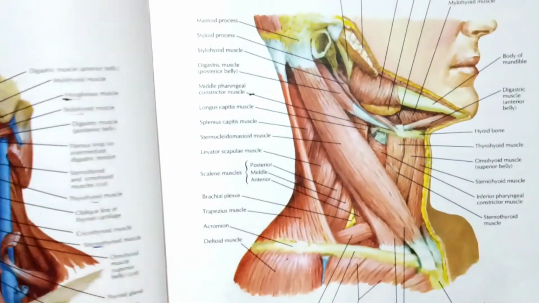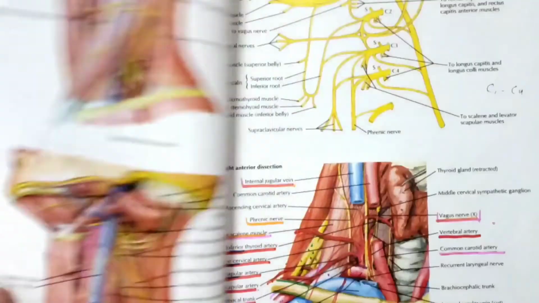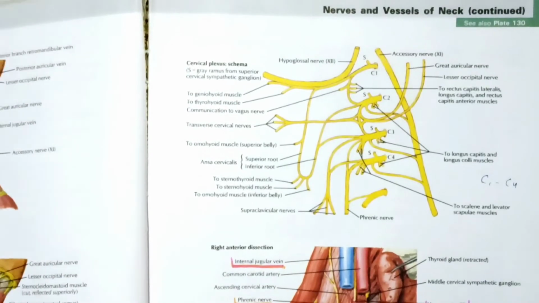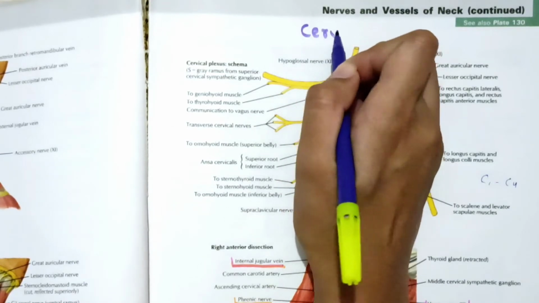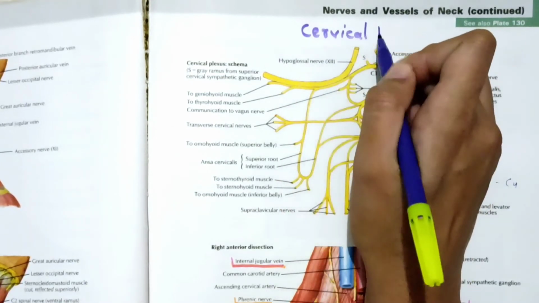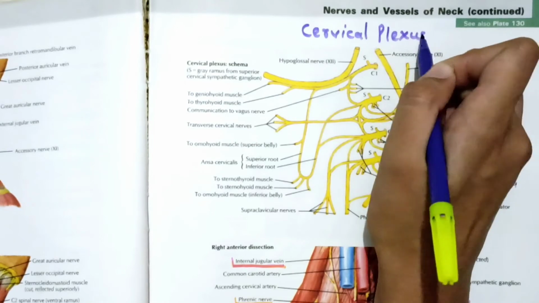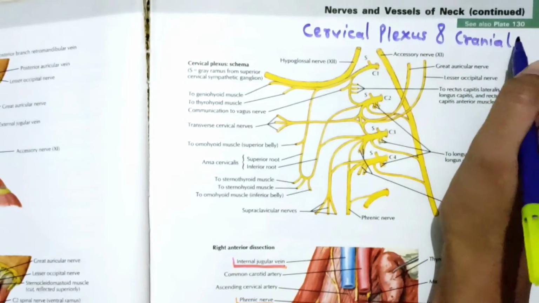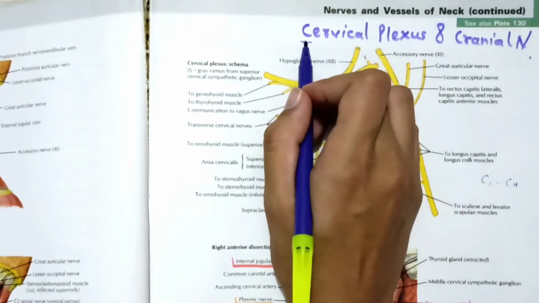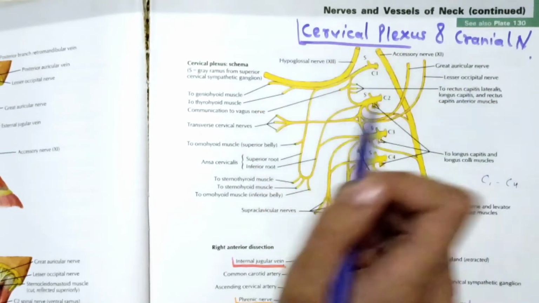Then if we move to the nerve supply, we have cervical plexus. The main nerve supply of head and neck is by cervical plexus and cranial nerves. We'll study in detail about the cervical plexus.